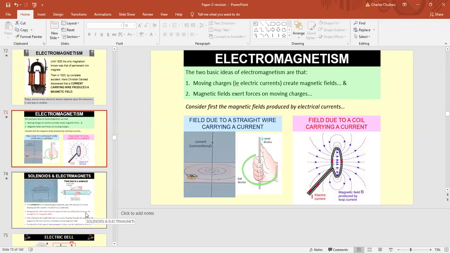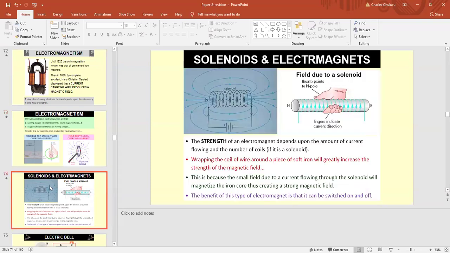Okay, so moving on. Now, I'm not too sure if solenoids are under foundation or higher, but it seems to me they are under higher, even though they didn't say it here, but I'm just suspecting it. But anyway, look at the solenoid's field.